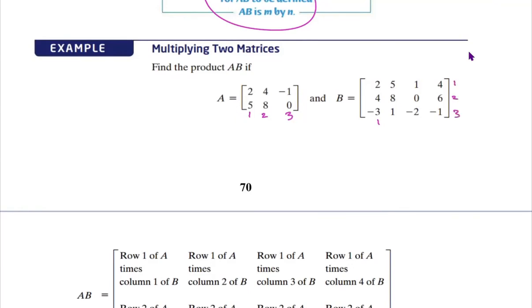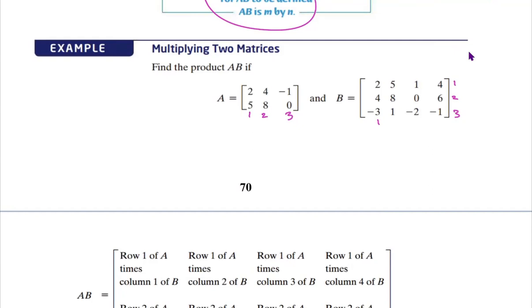So the number of columns is the same as the number of rows, then this multiplication is possible.